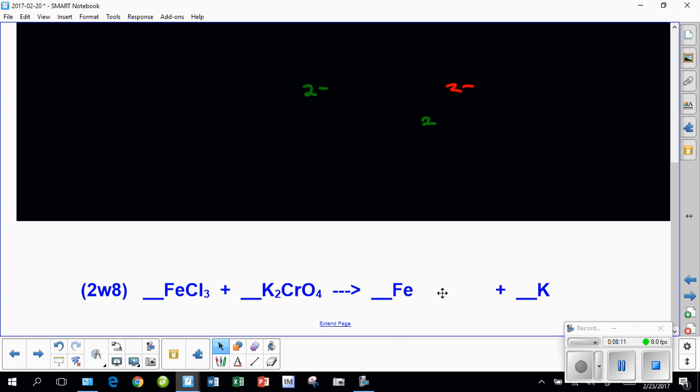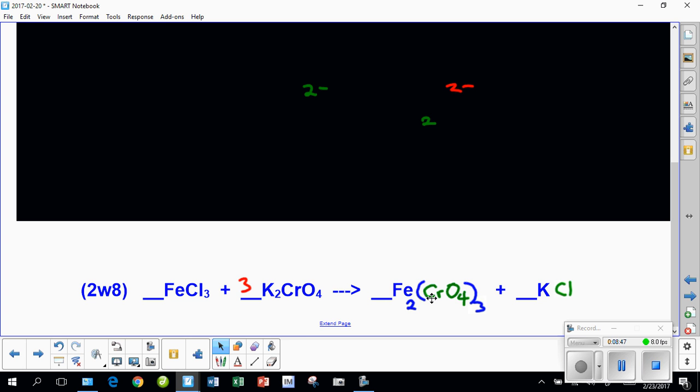So with the chromate over here with a 3 and the iron with a 2 and potassium here with chloride, we're ready to balance. I look at the subscript of this chromate over here, and I'm just going to take that 3 and put it right over here, because I'm going to balance the whole ion at one time.